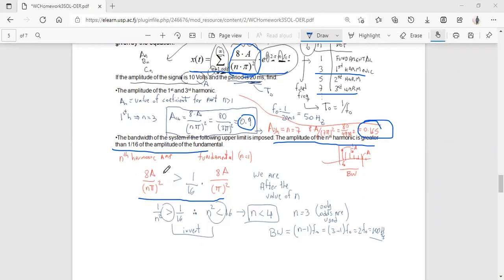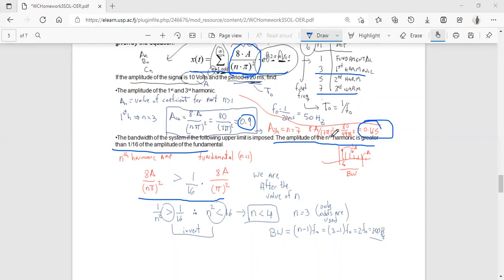We need the amplitude of the nth harmonic to be greater than 1/16 of the fundamental harmonic, so 1 upon 16 times 8 times a, whole thing upon pi squared, since the fundamental occurs at n is equal to 1. This is the equation we get from this statement.